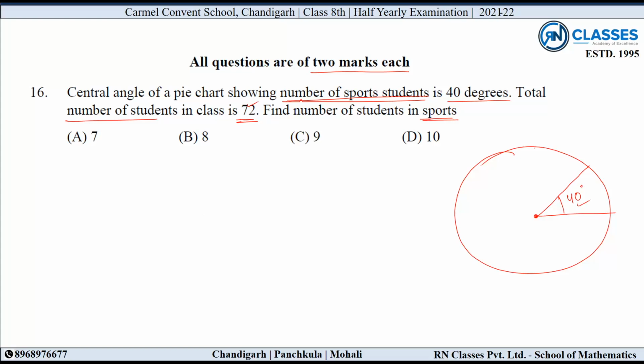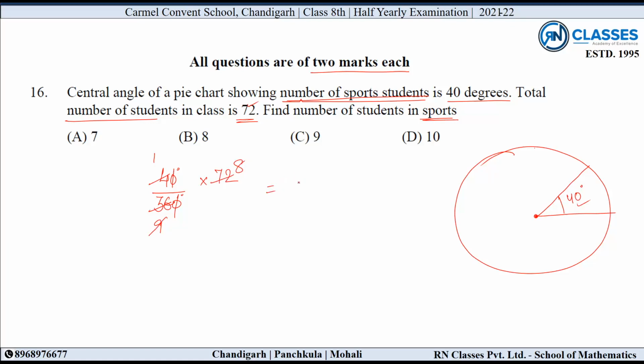अब sports में कितने students हैं? As simple as that. 40 degree gives me the sector. Right? 40 degree मेरे को सेक्टर दे रहा है कि इतना यूज हो रहा है फ्रॉम द एंटायर सेंट्रल एंगल. एंटायर एंगल इज 360 डिग्रीज. राइट. टोटल नंबर ऑफ स्टूडेंट्स इज 72. राइट. सो हाउ मच इट इज? 0 कैंसल्ड. 4 1s are 4, 4 9 times, and 9 8s are 72.